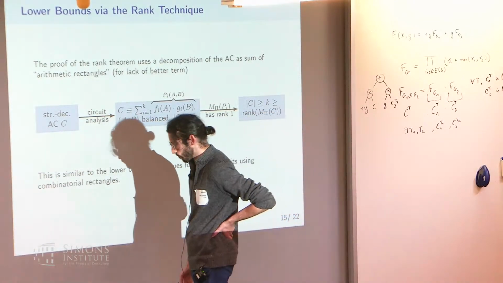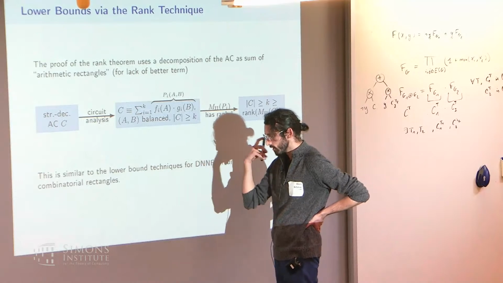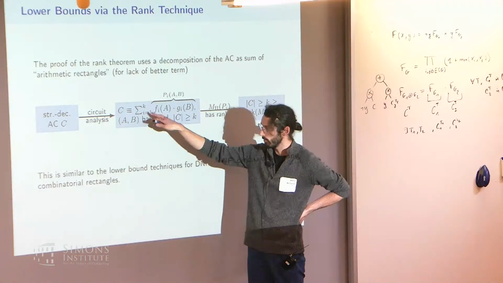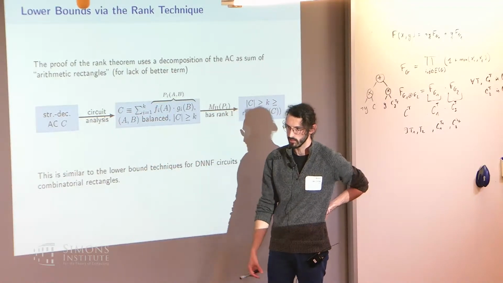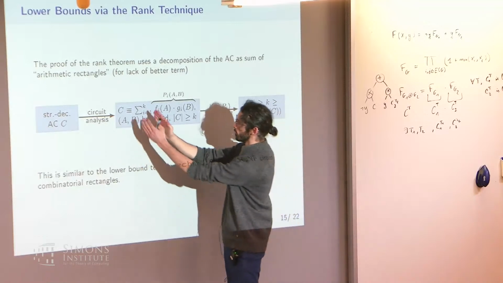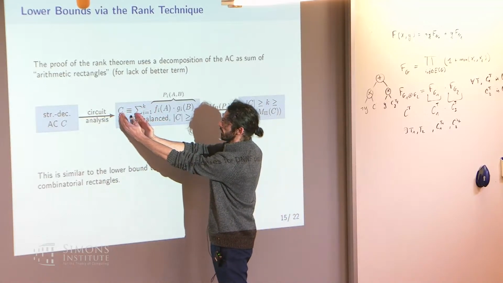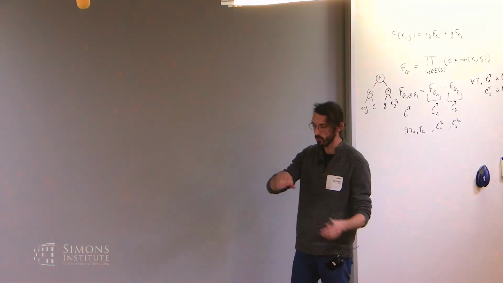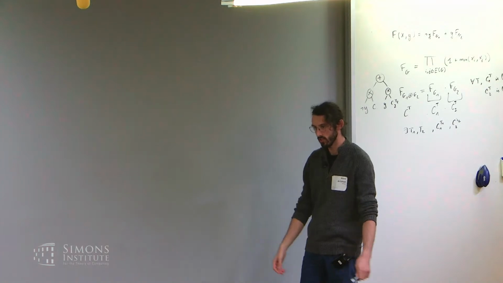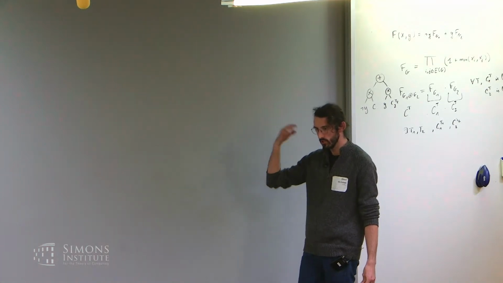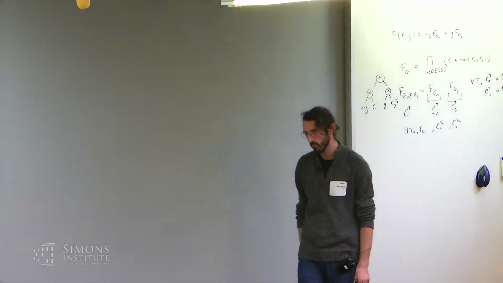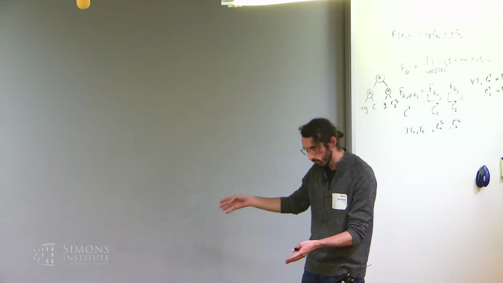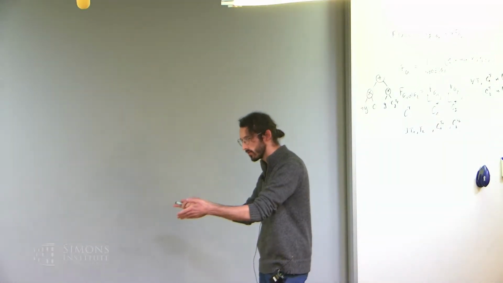We need to express our circuit as this sum, and since this is a sum over real numbers, we can use that the rank is subadditive to say that the rank of a sum of matrices is at most the sum of the ranks of the matrices. But if you change semiring, this sum will not have the same meaning, and the rank would still have to be subadditive for the sum of your semiring.